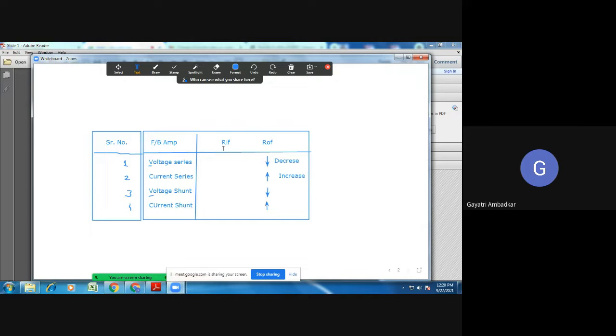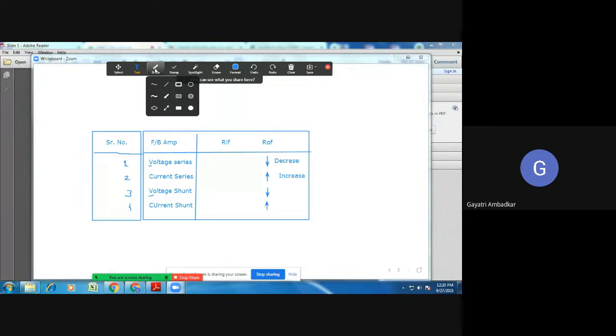Now come to RIF, second letter. Series, series, shunt, shunt. So you will immediately understand now. If the second letter is series, it means at the input side, mixing is happening in series. So what will be the net effect on RIF? Increase. Very good. It will increase.